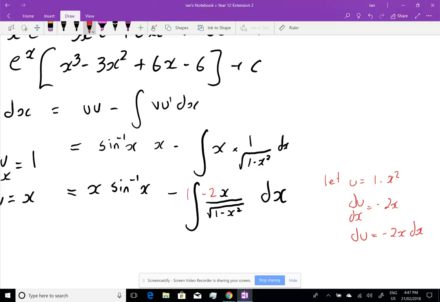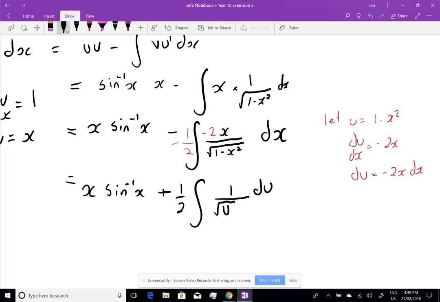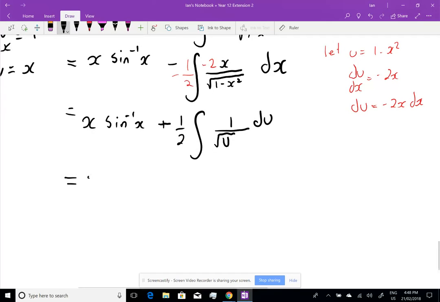If we put a minus 2 in there and we put a minus 2 half out there, that's cool. So now my integration goes. My first part's done. I get plus a half. Now I'm going to get 1 on top, du, and I get u root u. I think to myself, this is looking really good now.